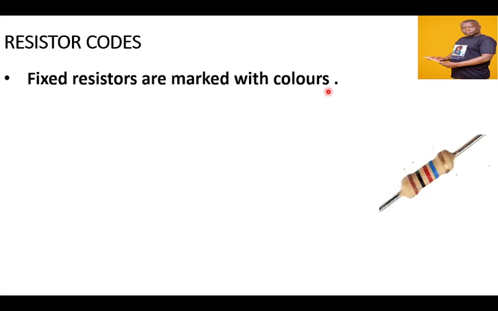For example, if you look at this resistor here, it is coded with colors. If you're good at telling colors, you can see this is brown, this is black, this must be red, this must be blue, and at the very end you have gold, something that is golden.